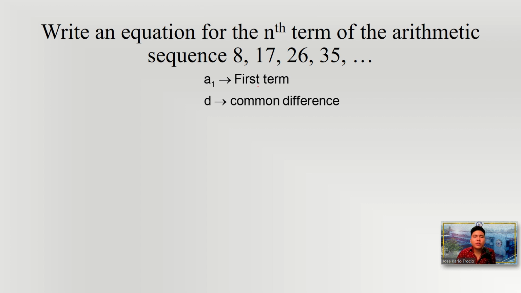So you have first term is 8, common difference 9: 17 minus 8 is 9, 26 minus 17 is 9. We use this formula. Just substitute. The first term is 8, common difference is 9, times n minus 1.